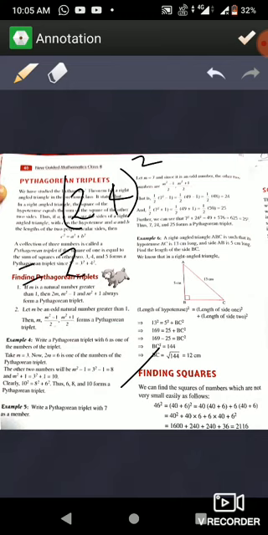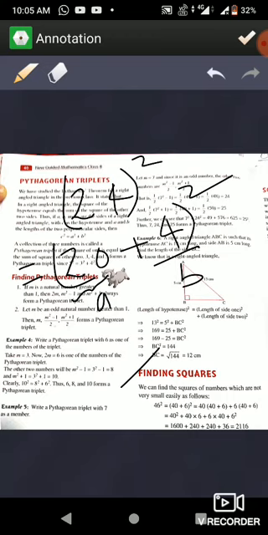So this can be written as 20 plus 4 whole square. Now recall from class 7th the identity for a plus b whole square. Here a is 20 and b is 4. Expand with this identity. It can be written as a square, that is 20 square, plus b square, that is 4 square, plus 2ab, that is 2 into 20 into 4.